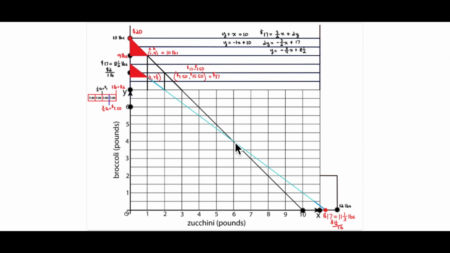So if y is equal for both of these graphs, that means that this y value equals this y value when these graphs meet. So if y equals y, that means that this expression right here is equal to this expression right here. So then you can set those two expressions equal to each other and solve for the value of x.